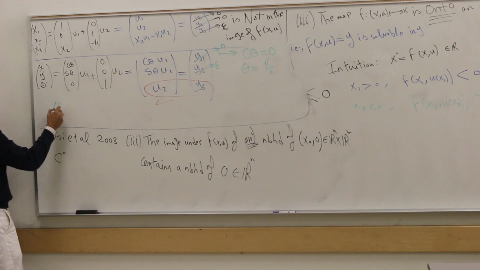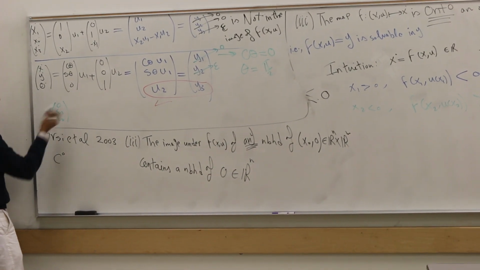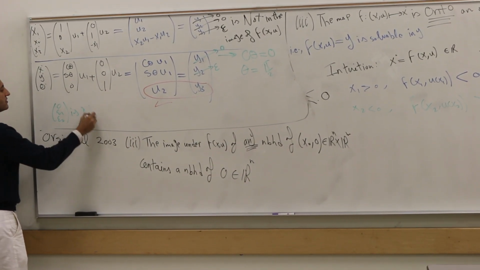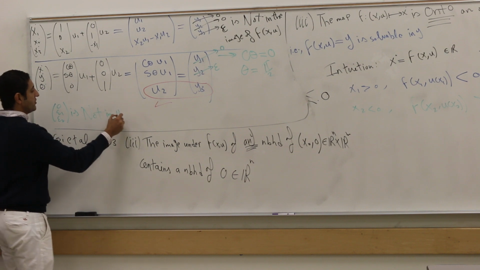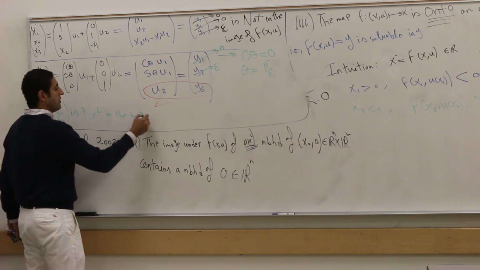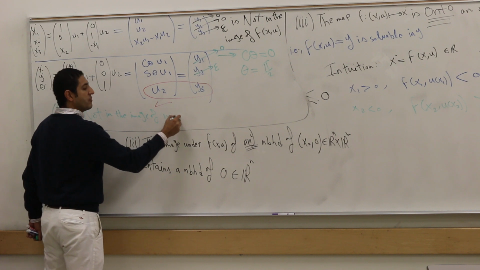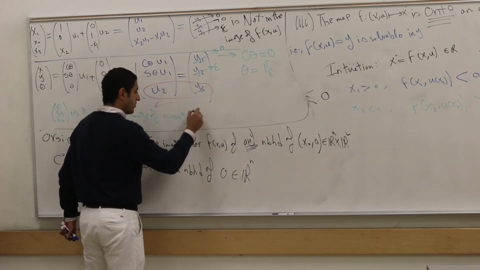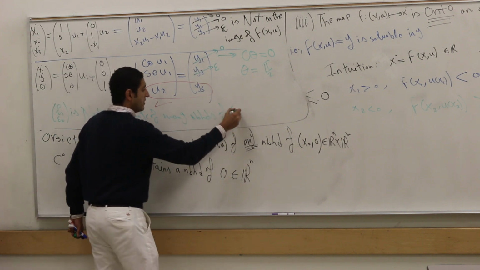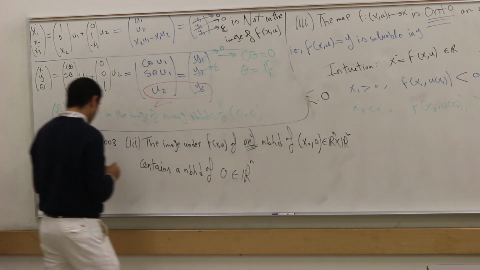So the point 0, epsilon 1, and say epsilon 2 is not in the image of many neighborhoods, actually. Neighborhoods of 0, 0 in Rn across R.